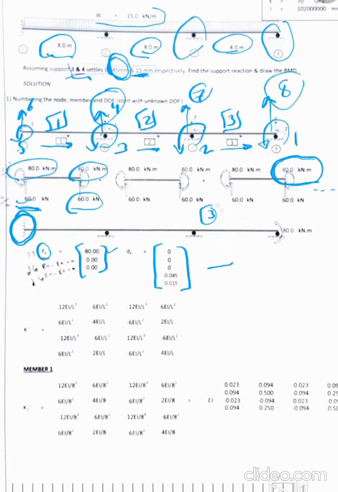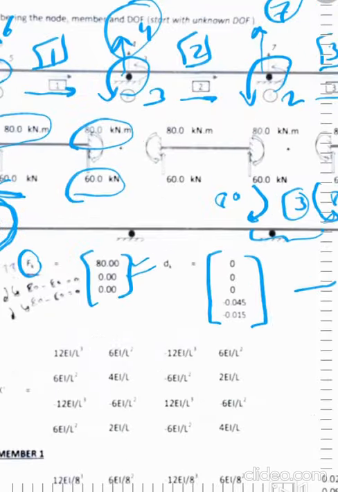One direction is anti-clockwise and the other is clockwise, so the value is negative. This value is 80 kilonewton and this one is 80 kilonewton, so it will be 0 as you see here. This value is 0.